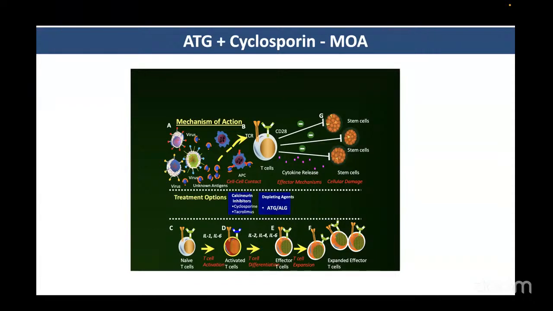Because now we know the site of the attack, we can plan our armamentarium: calcineurin inhibitors such as cyclosporin and tacrolimus, and the depleting agents ATG or ALG.